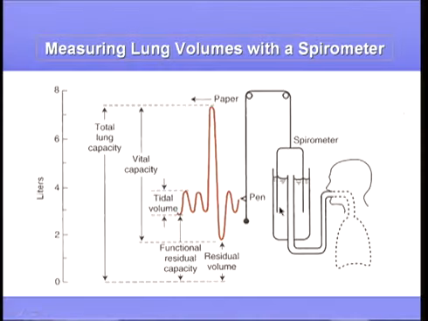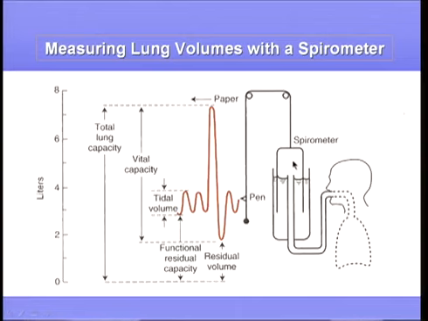Okay, now let's talk a little bit about measuring the lung volumes with a spirometer, which is frequently done in the pulmonary function laboratory. A spirometer is simply an upturned bell, shown here, usually made of light metal, like aluminum, for example. It's immersed in water, as you can see, and there's a tube that connects the interior of the spirometer to the subject.